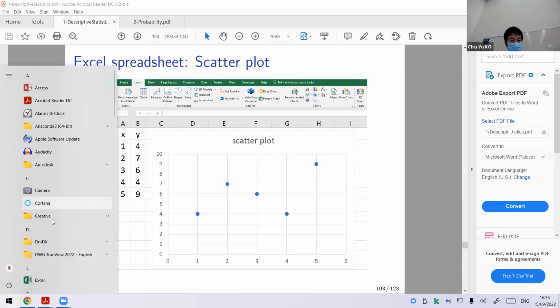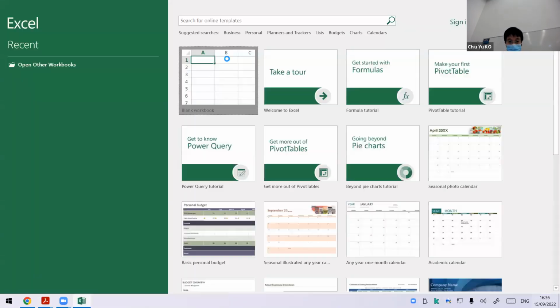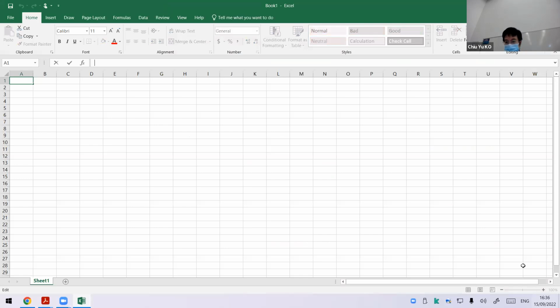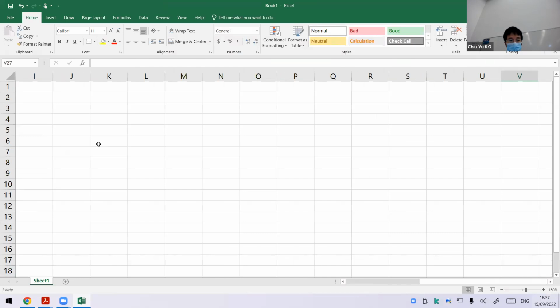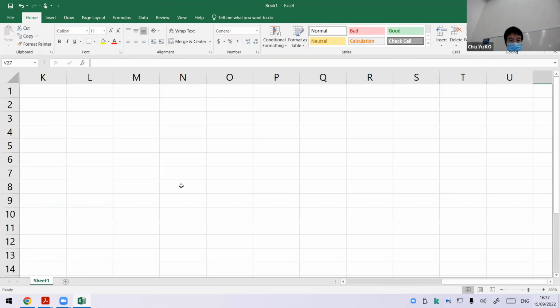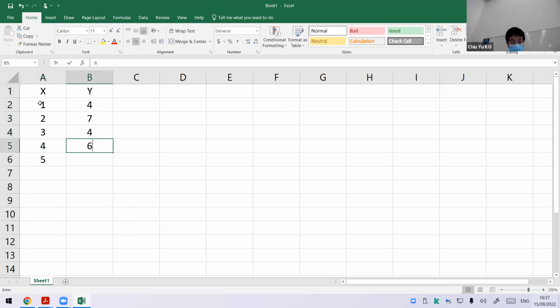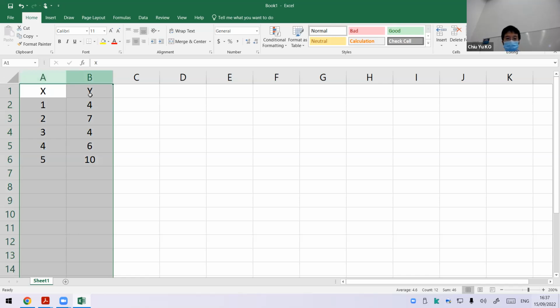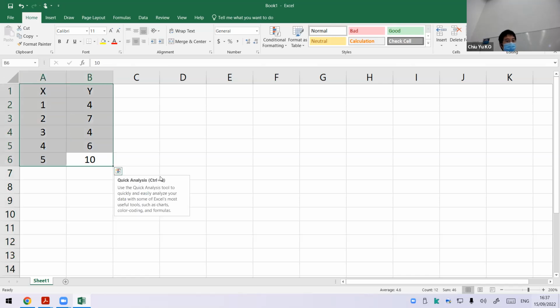On top of the scatter plot, I would open Excel, I guess. Again, I'll just magnify that. I put X and Y here, and I'm just going to put in some numbers. The first thing I want to do is draw a scatter plot, right? So we highlight the two columns, using the mouse or by dragging over the cells.